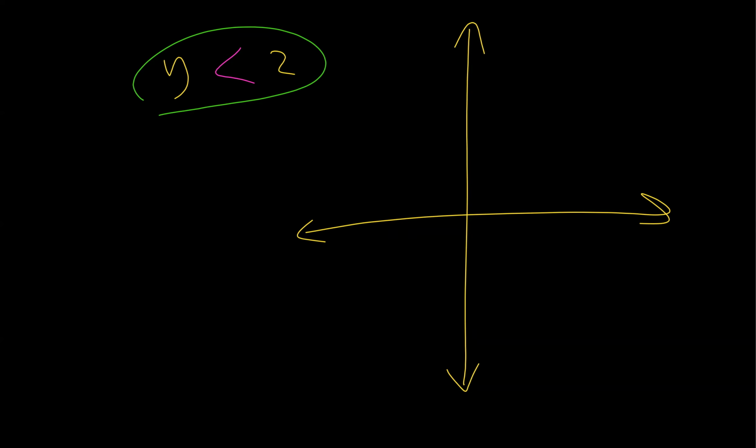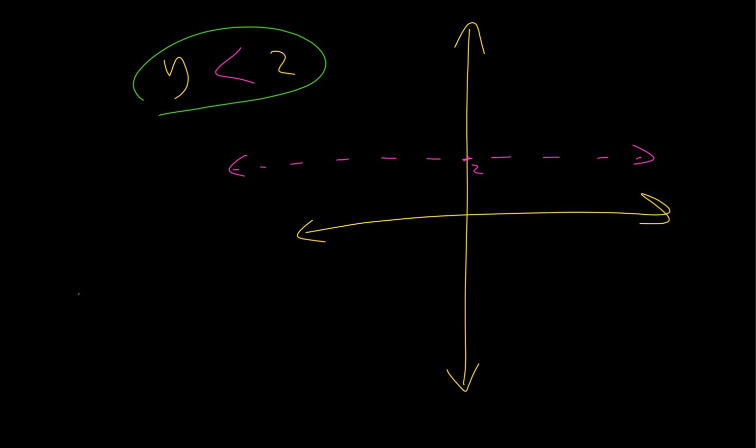If I make it y less than 2, how do I graph this one? First, I read it as y equals 2, go to the 2 here, and draw a line. This line has to be dashed because it is less than. Where do I shade, above the line or below the line?